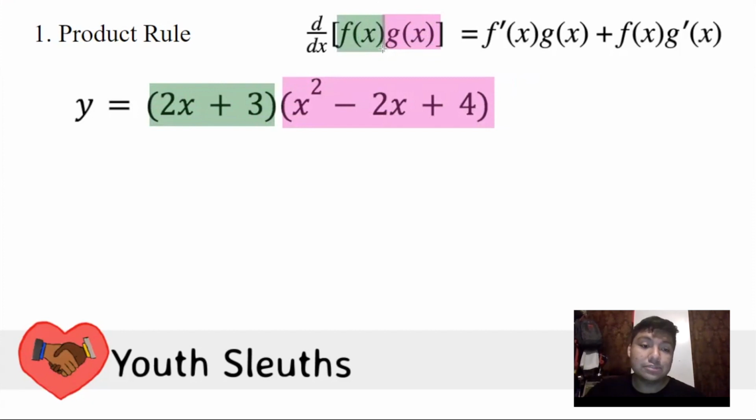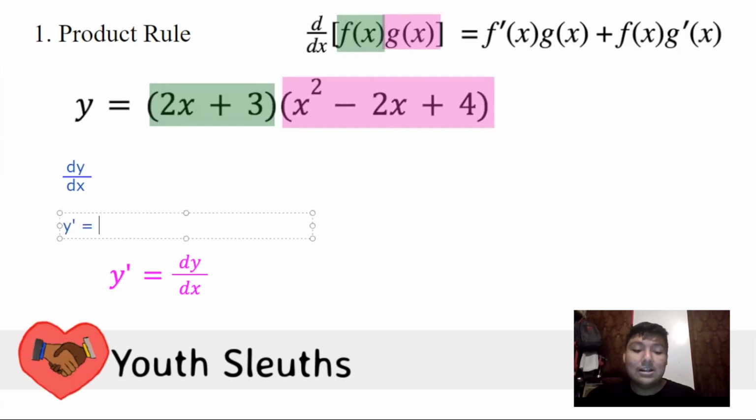Now, we start by having dy/dx, or in another notation, it could just simply be y prime. Now, y prime is the same as dy/dx, but sometimes it could be preferable. So now I'll give you a moment to solve this on your own, and then you could come back to check your answers.